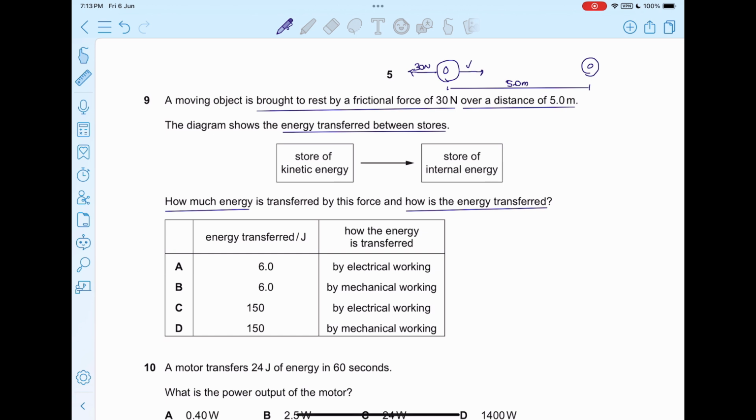So energy transferred is calculated using W equals FD. F and D are already given, so 30 into 5, you'll get 150 joules. So the answer is C or D. And how is the energy transferred? It's through mechanical working, since it is friction.